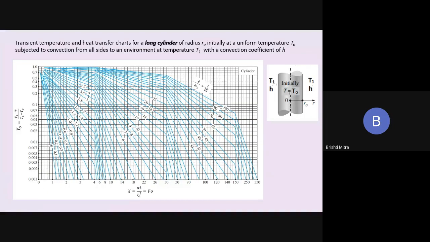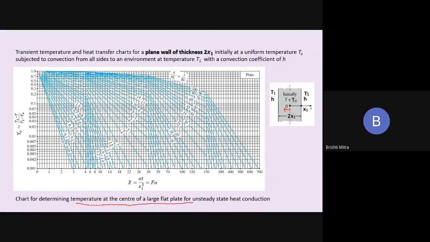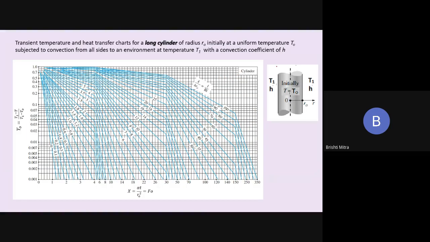Similar figures are obtained for cylinders. I've written out here for a long cylinder, which is of radius r0, initially at a temperature of T0, then exposed to an outside temperature of T1. Heat transfer coefficient is h. These graphs look slightly different from each other, but if you look in the corner of these graphs, we have written that this is for a plate, this is for a cylinder.